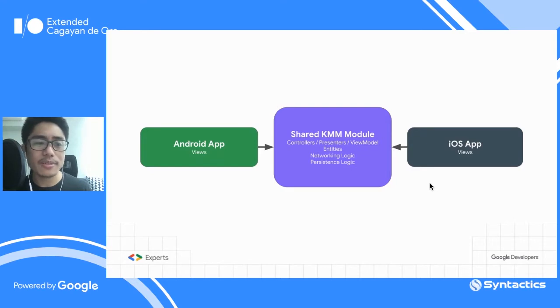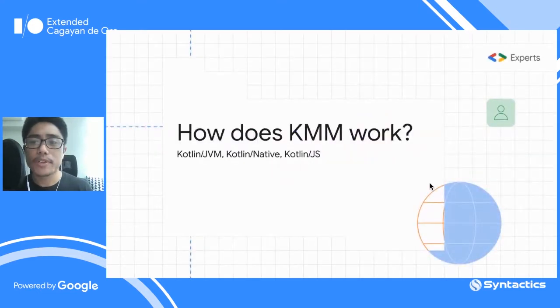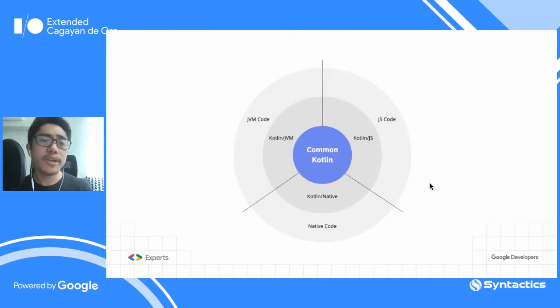How does this work? So, why can I write Kotlin and deploy it into an Android and iOS app? So, how does KMM work? Kotlin can get compiled into three different targets, and that's JVM, JavaScript, and native.